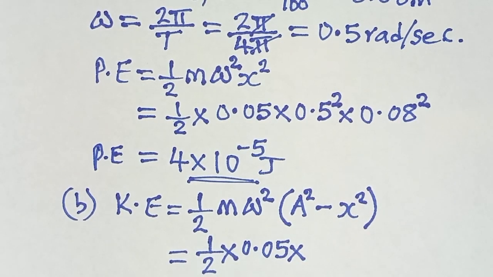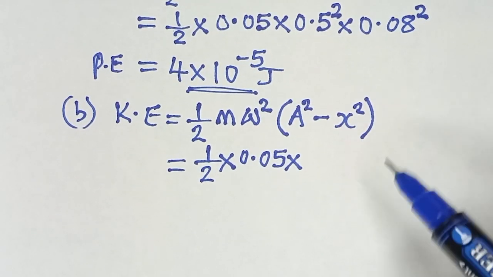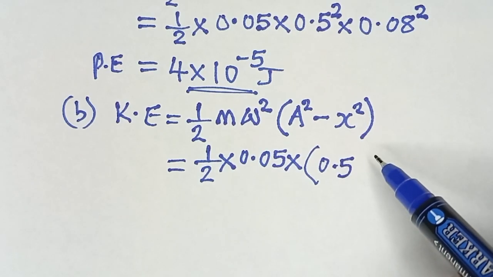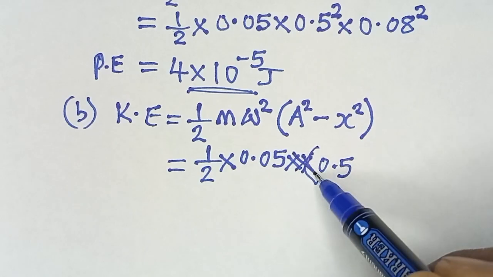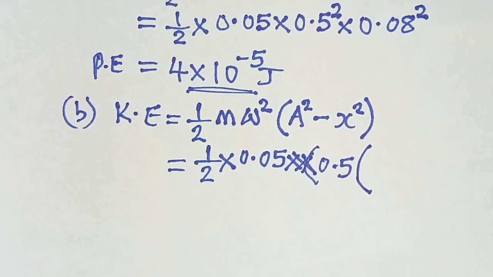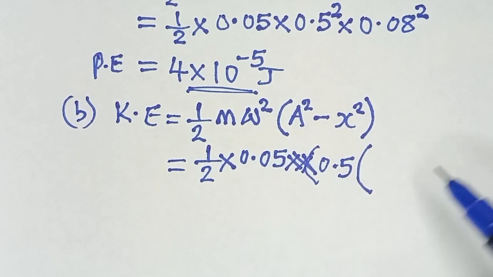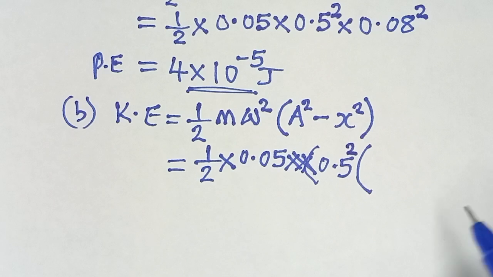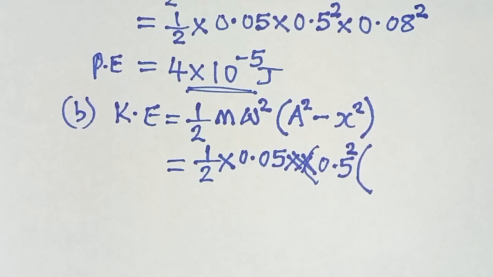So I'm going to write it as 0.5, multiplied by 0.5. Sorry for that. So this is the mass, then multiply by the angular velocity squared. We have to square the angular velocity. Take note of that.